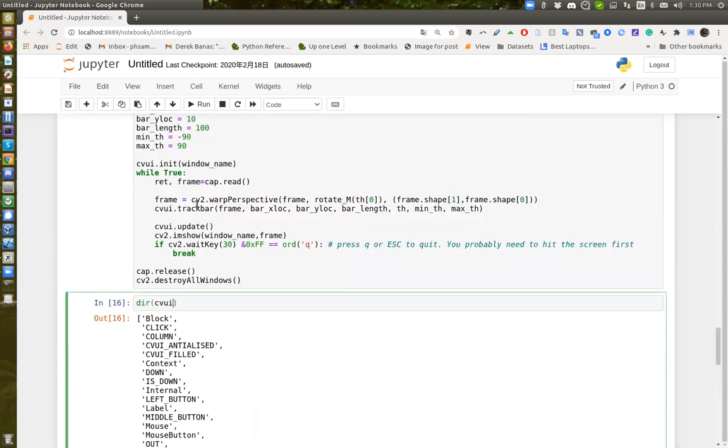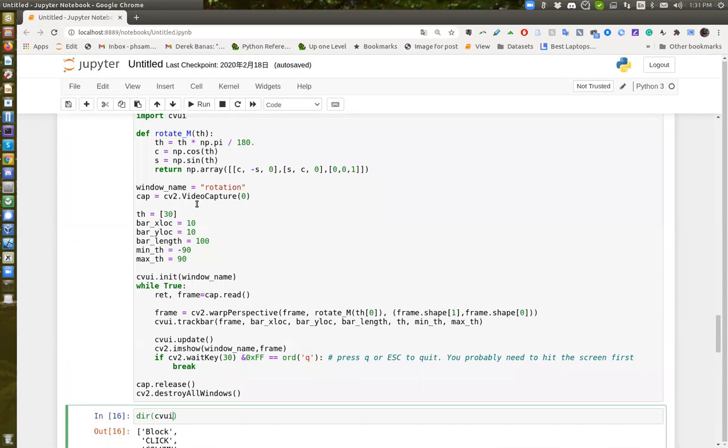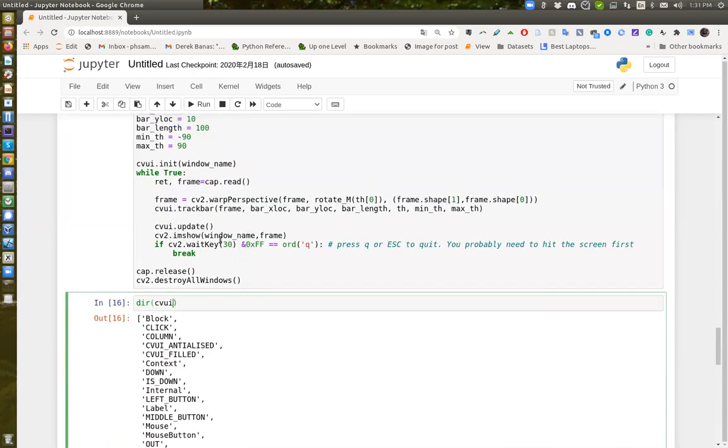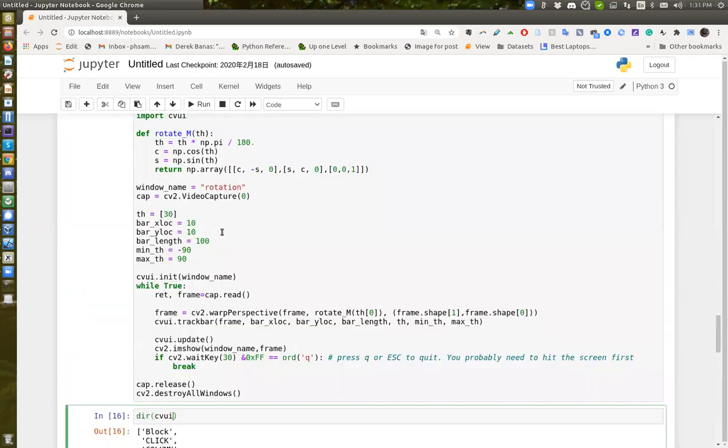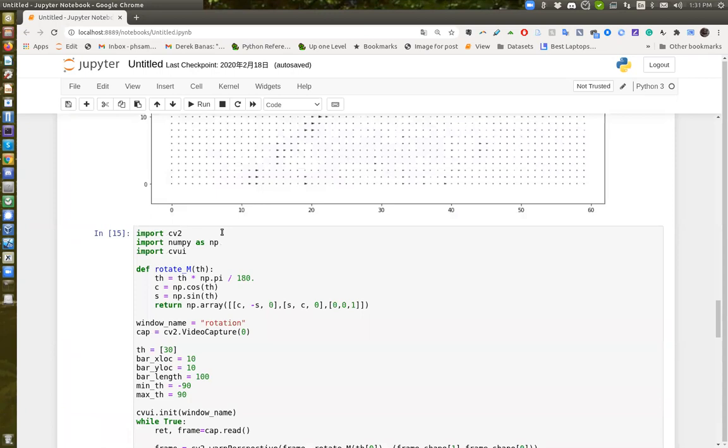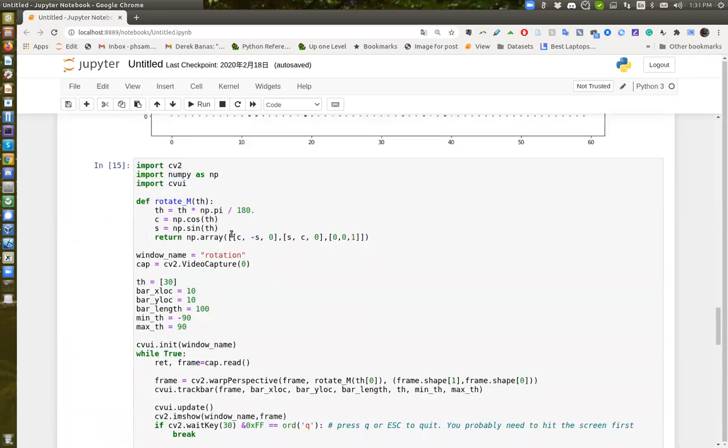This is actually very important: being able to get something minimal that you can show someone. So okay, I guess that's it for a very simple introduction of cvui.